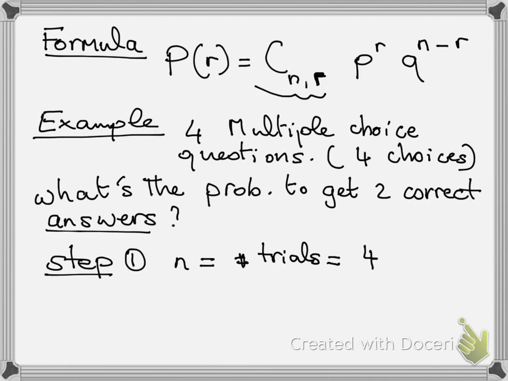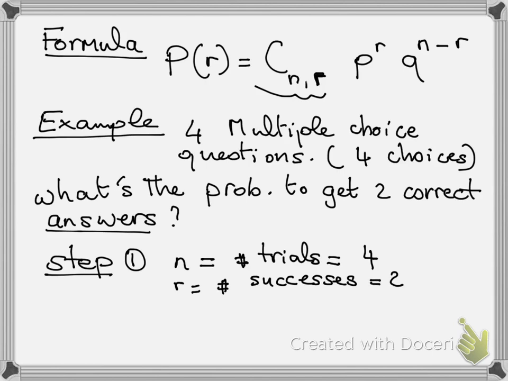Now, what's r in this question? The question is, what's the probability to get 2 correct answers? So r is the number of successes, which in this case is 2.